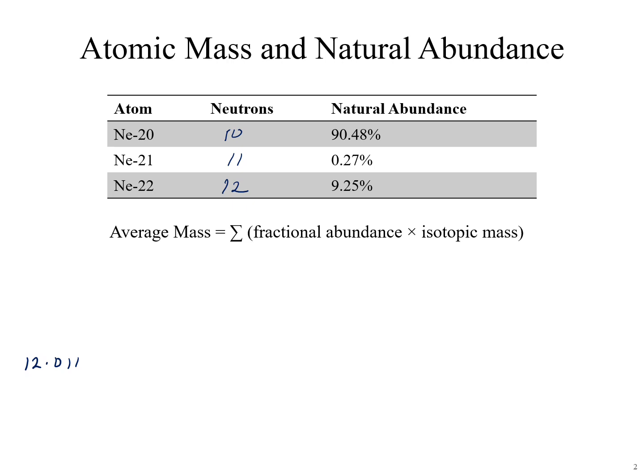That's 90 of 100, that's 90%. So the majority of the atoms in that sample of 100 atoms are neon with a mass of 20.